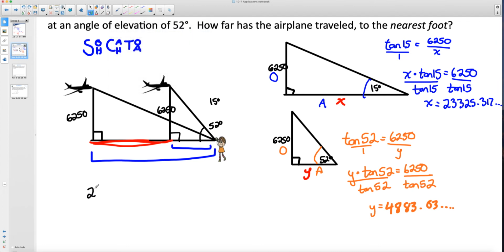So it's going to be 23,325.317 dot dot dot minus 4,883.03 dot dot dot to give us this length here, the distance the airplane traveled. And we want to round to the nearest foot. So to the nearest foot is 18,442 feet.